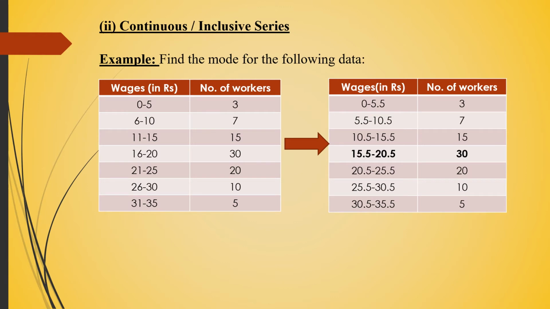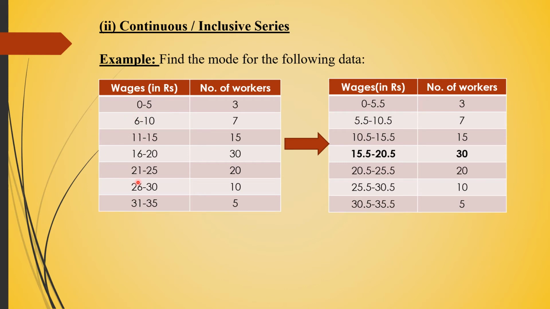Now this is for continuous or inclusive series. Find the mode for the following data. We have been given wages in rupees as 0 to 5, 6 to 10, 11 to 15, 16 to 20, 21 to 25, 26 to 30 and 31 to 35. So here we can see that the upper limit of one class is not the same as the lower limit of another class.